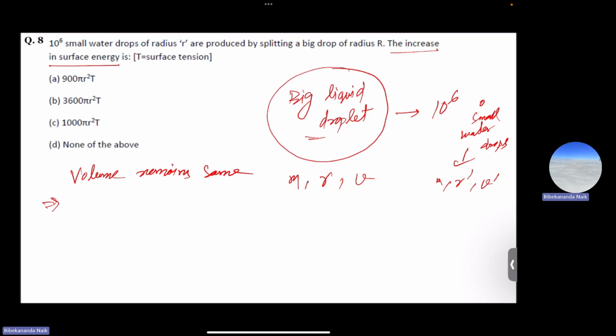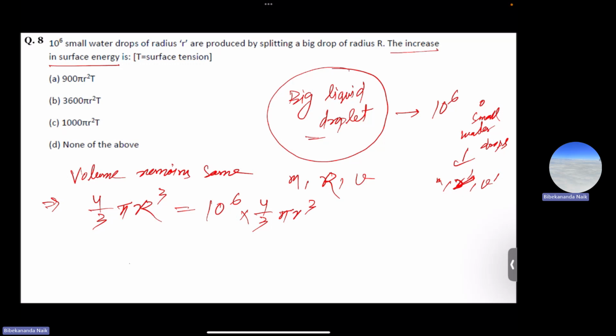So we will simply calculate what will be the radius of the smaller liquid drops. So 4 by 3 pi capital R cube is equal to 10 to the power 6 into 4 by 3 pi small r cube.